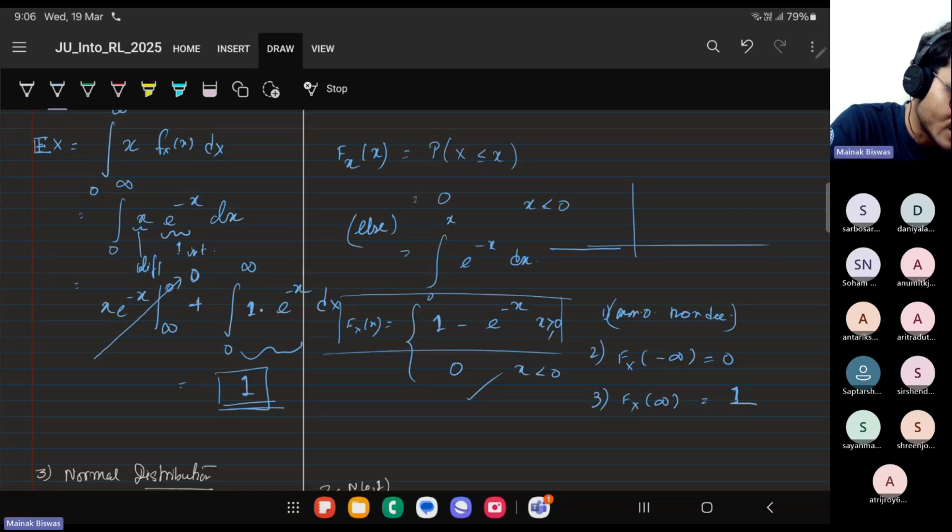Between minus infinity and 0, this is going to be 0. And then 1 minus e to the power minus x, how does it look? So e to the power minus x looks like this. So minus of that will look like this, and you are shifting it by 1. So it looks like this, right?